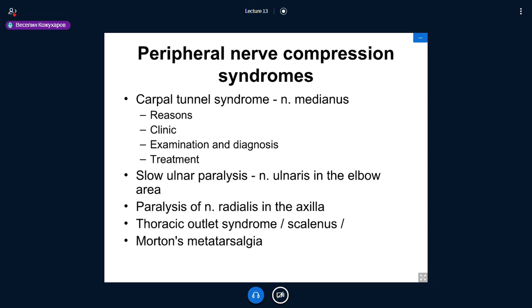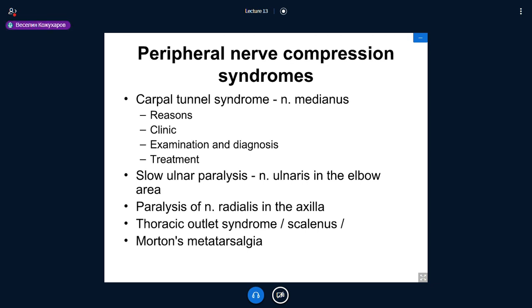The other site of compression of the radial nerve is in canalis humeromuscularis, because of some space-occupying process, or muscle hypertrophy, or some repeated trauma in this area.